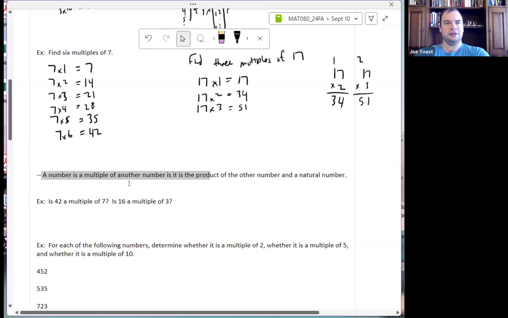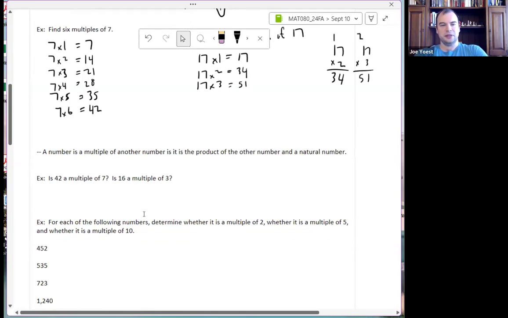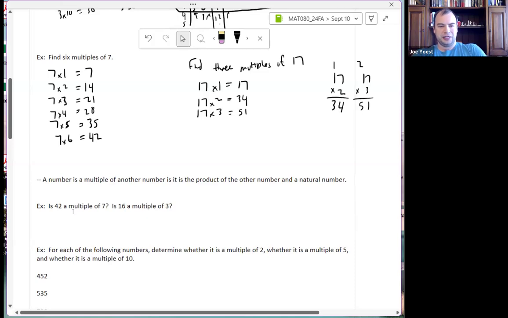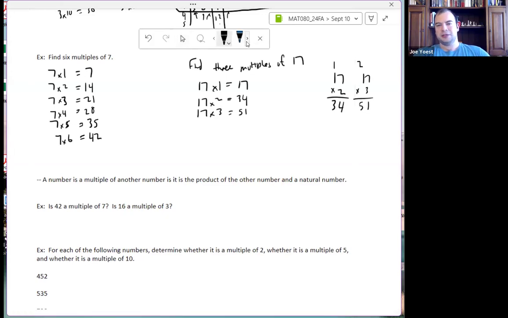Or I could look at it from the opposite direction, that a number is a multiple of another number if it's the product of the other number and a natural number or a counting number. In other words, I might ask a question like, is 42 a multiple of 7? And my answer here will be yes.